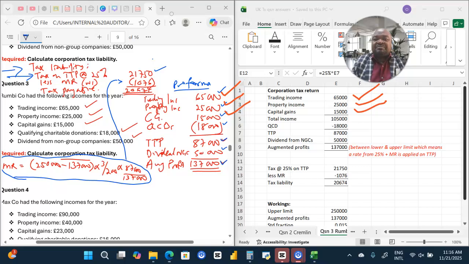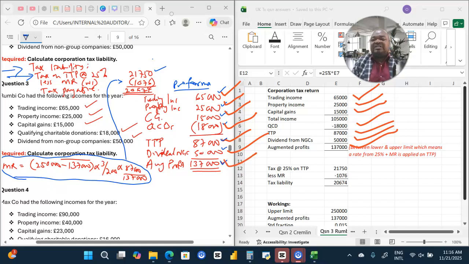Total income came to 105, and then we deduct the QCDs, and we arrive at our TTP of 87,000. Then we add the dividend from non-group companies, 50,000. We arrive at 137,000 augmented profits.